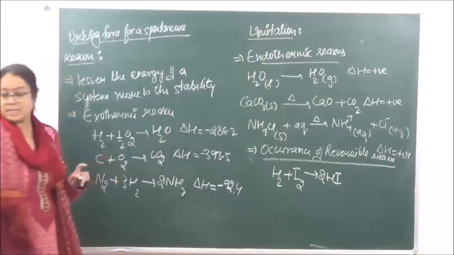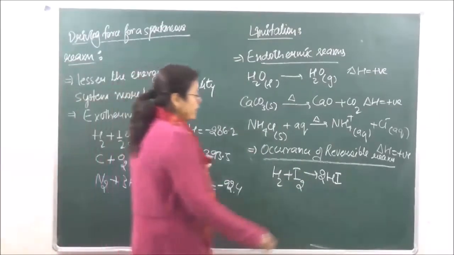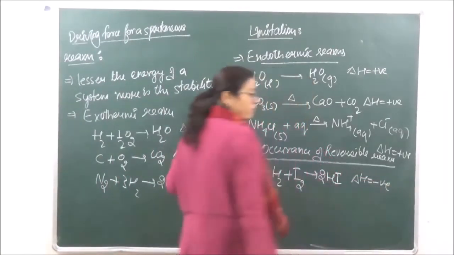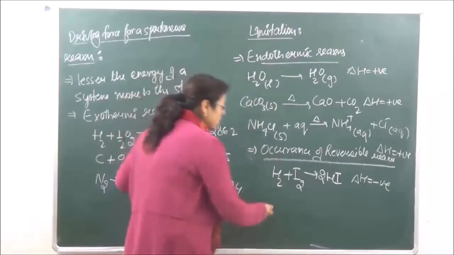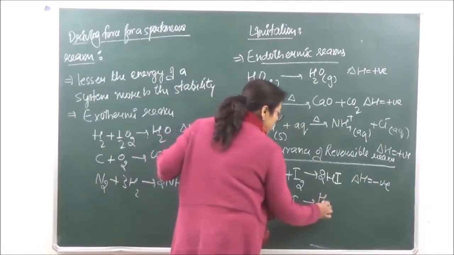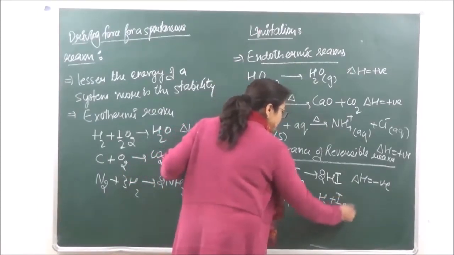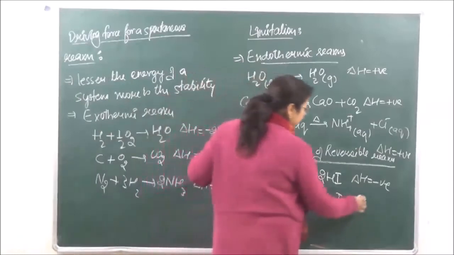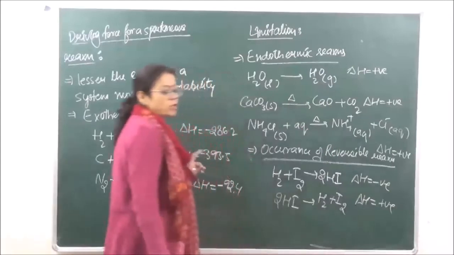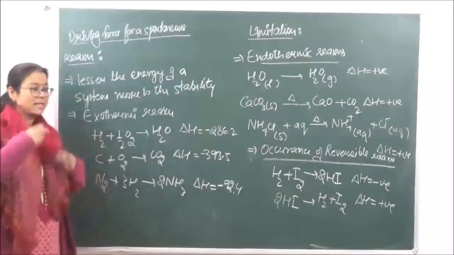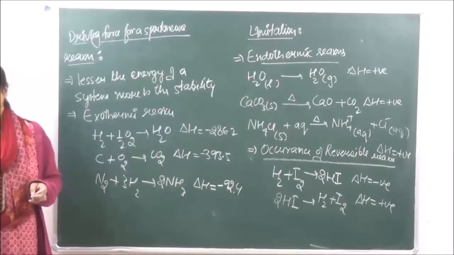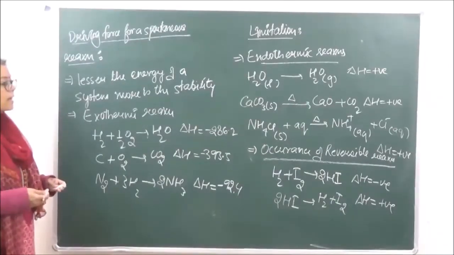In this case, this reaction is going to be exothermic as delta H for this reaction is negative. But if we are taking a reversible reaction over here, that is the decomposition of hydrogen iodide to give us H2 plus I2, delta H in this case is going to be positive. So both the reactions are going to be spontaneous. Reactions which are exothermic in the forward direction may be endothermic in the backward direction.